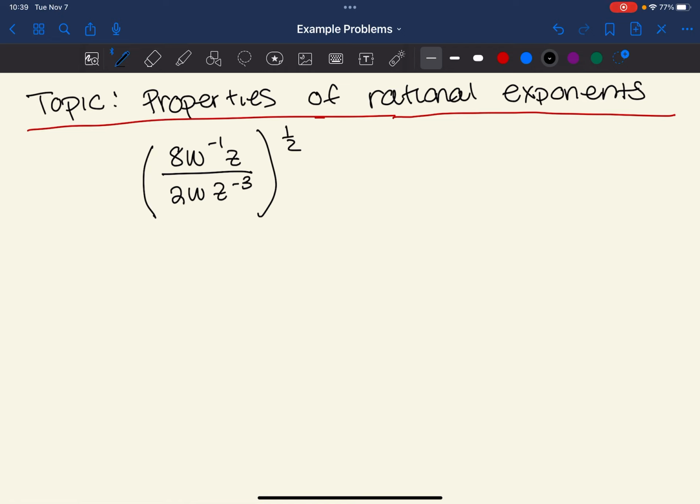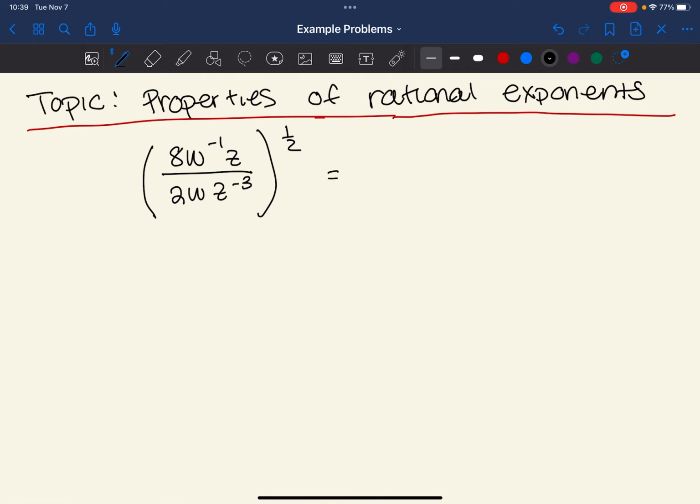So, before we get started, remembering our properties of exponents, if we have an entire parenthesis being raised to an exponent, we can give that exponent to every aspect inside of that parenthesis. So that's what I'm going to do first.